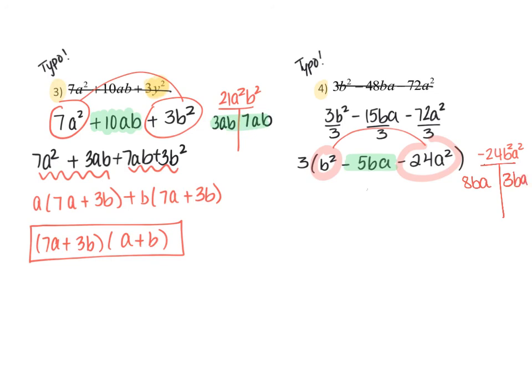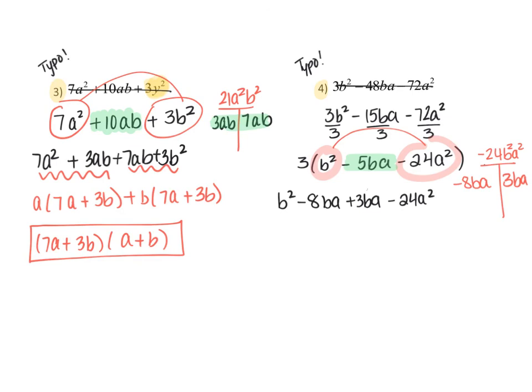But in order to add to a negative, it needed to be a negative 8ba and a positive 3ba. So bring down my first term, which is b squared. Bring down my negative 24a squared, which is my last term. And I'm going to fill the middle with the negative 8ba and the positive 3ba.